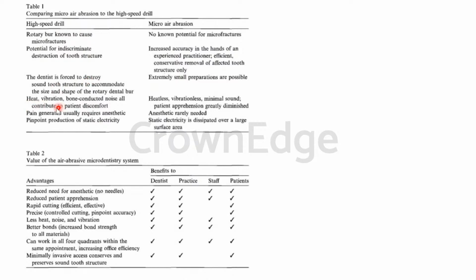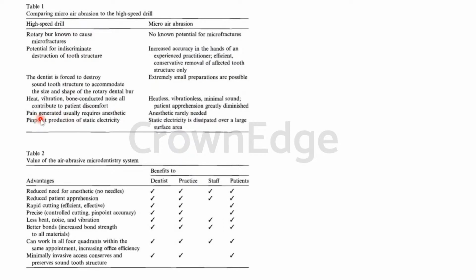There's also heat, vibration, and bone-conducted noise which are felt by the patient, which generally contributes to some amount of discomfort and fear in the long run. It also creates anxiety. But micro air abrasion is more or less heatless, vibrationless, and there's minimal sound produced, and the patient apprehension is lower and patient acceptance is much higher in cases of micro air abrasion.